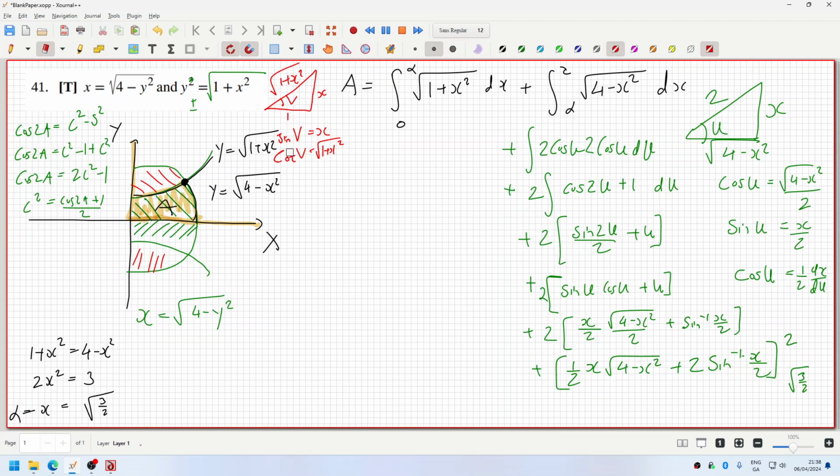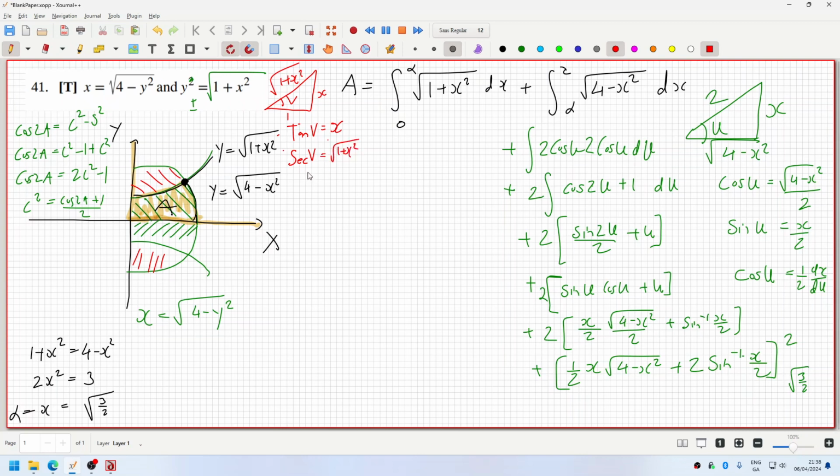No, sorry, not cotan. Sine v is x. No, tan v is x over 1. Okay, so that's good. Then what about the root 1 plus x squared over 1? That's like sec. Sec v is root 1 plus x squared.